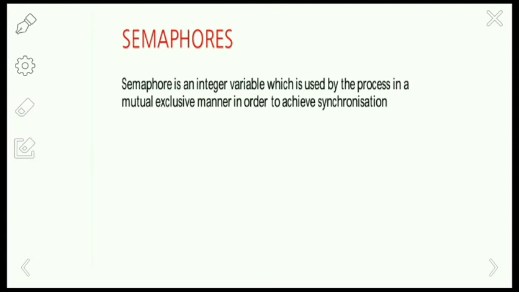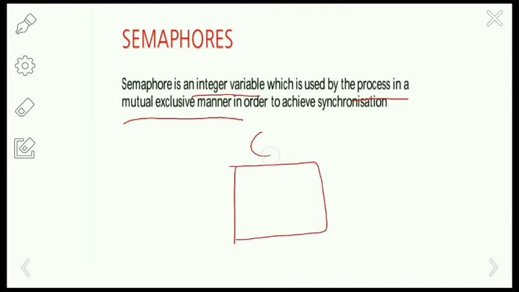A semaphore is an integer variable which is used by the process in a mutual exclusive manner. Mutual exclusive means only one process will be in the critical section at a time.